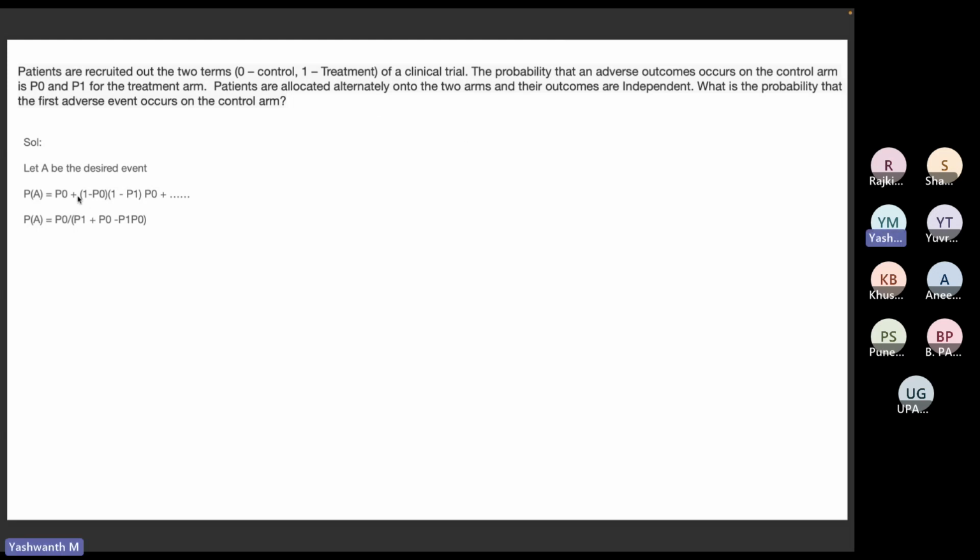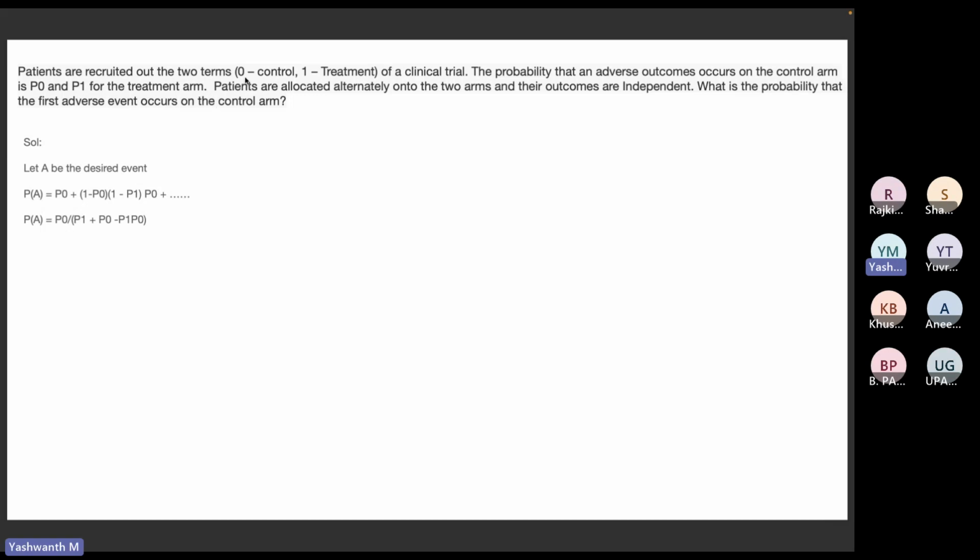So here, this is how it has been done. Whatever I've written, we reason this out. You can encounter the adverse outcome in the first go itself. The probability of an adverse outcome on the first turn is P0.